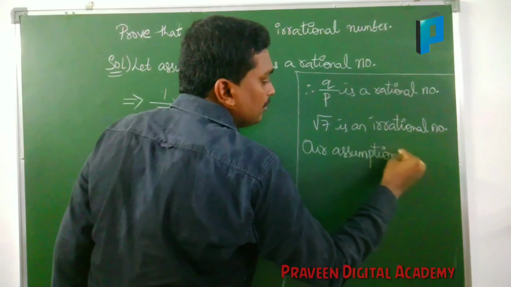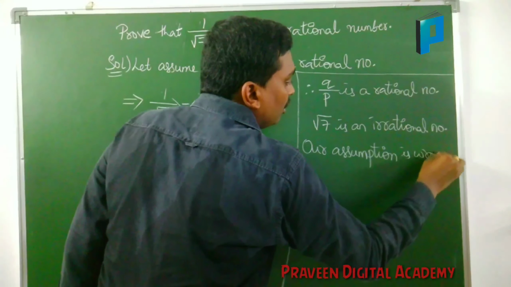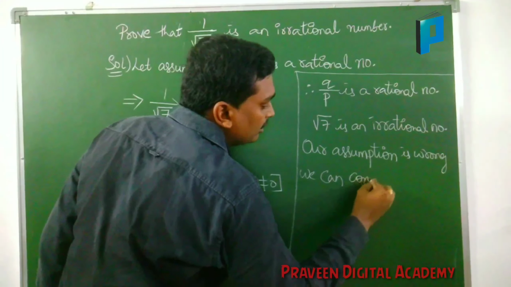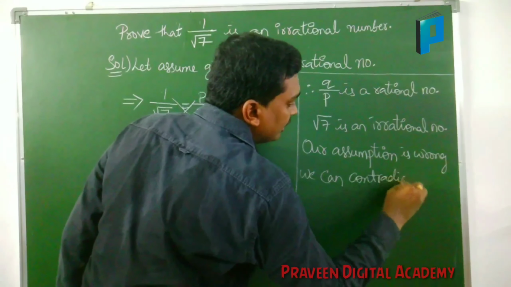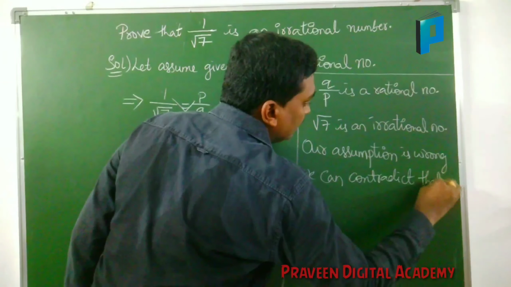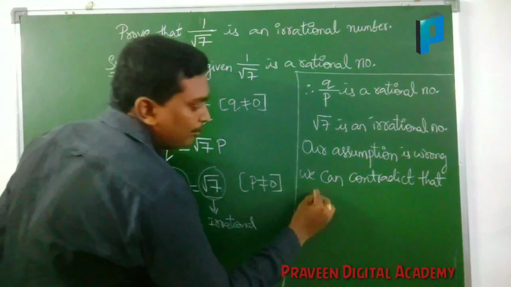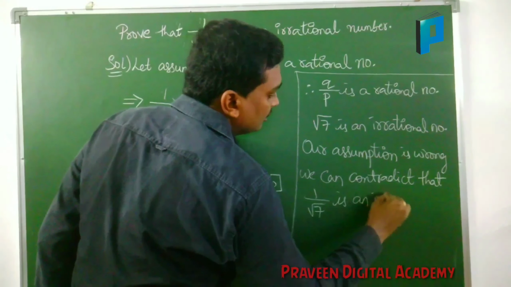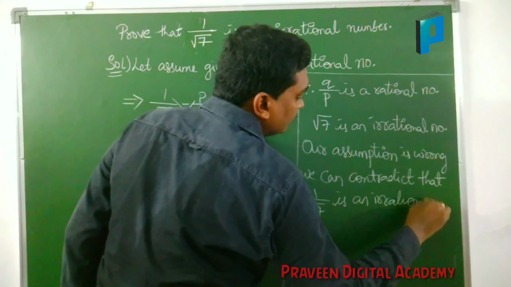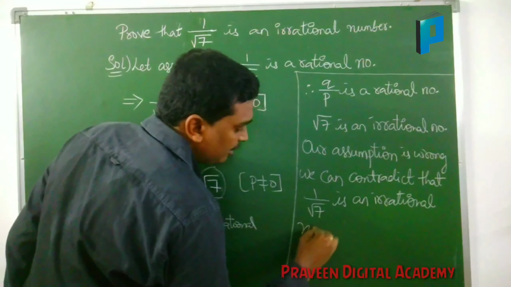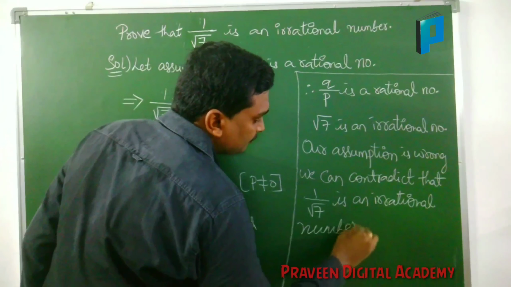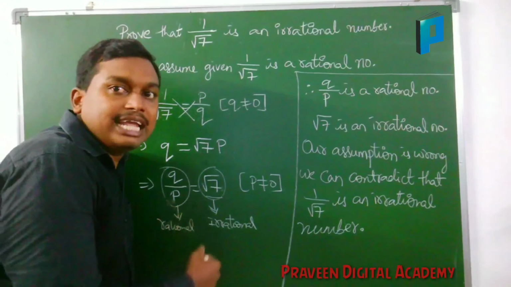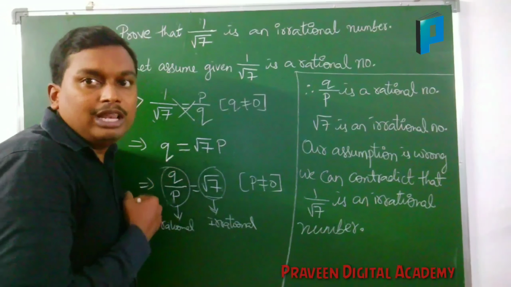We can contradict that. The given question, 1 by root 7, is an irrational number. In this way, we will solve for the given number as an irrational number in model 3.